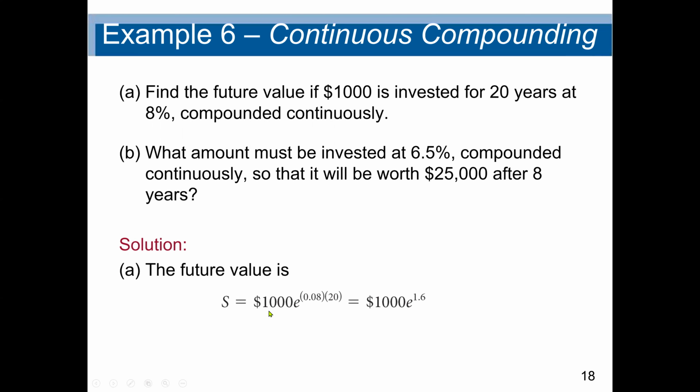So we have our P value again, 1,000, e to the power of the rate, 8% is 0.08, times the years, 20. So we have 1,000 e to the power 1.6. We use our calculator to find e to the power 1.6, then we multiply by 1,000. So our final answer will be $4,953.03.